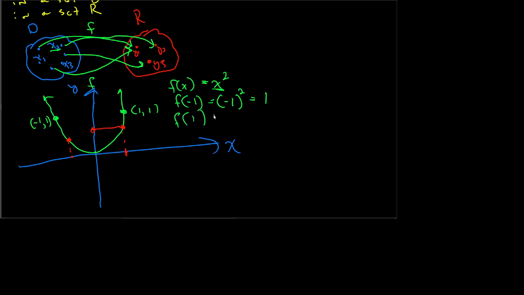F of positive 1 squared is 1. And this also illustrates that in the range, the value 1 maps back to two x values that it came from in the domain. So this vertical line test, there's a forward direction to a function. Function takes a domain and maps it to the range. There's not always a one-directional mapping backwards.